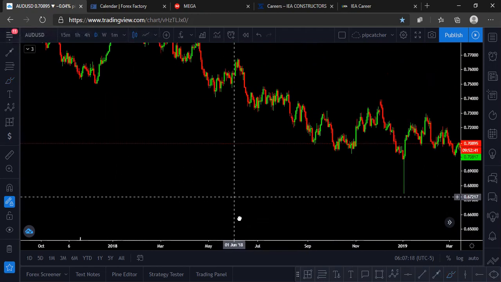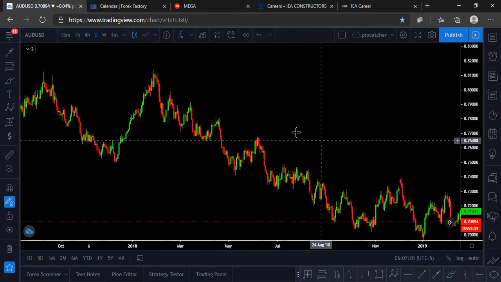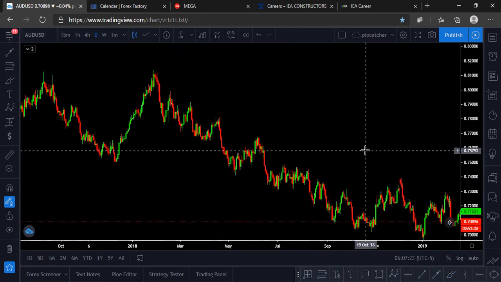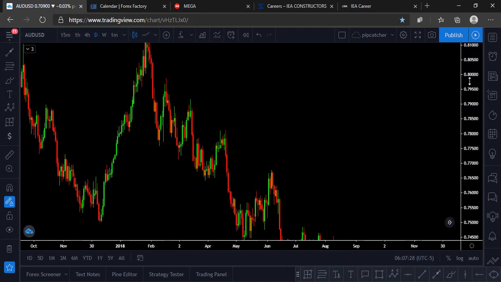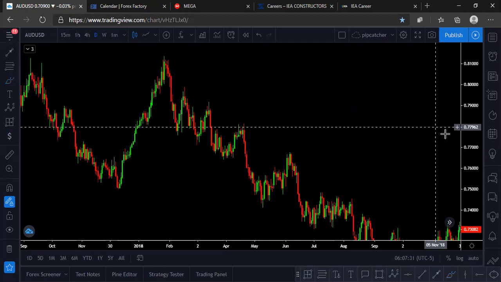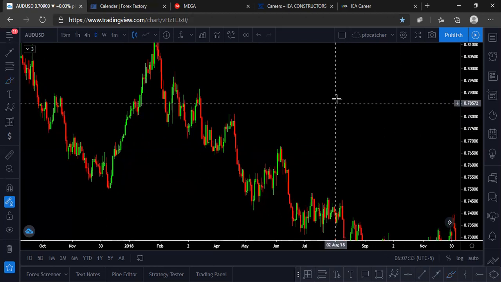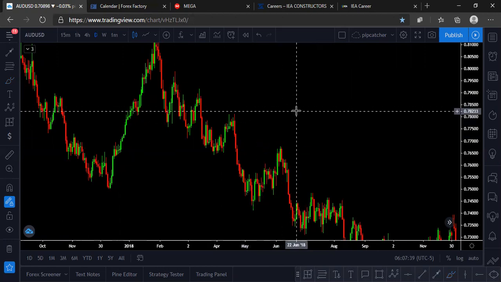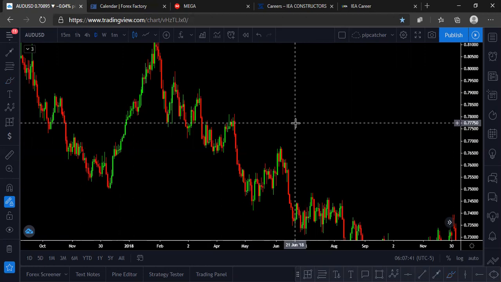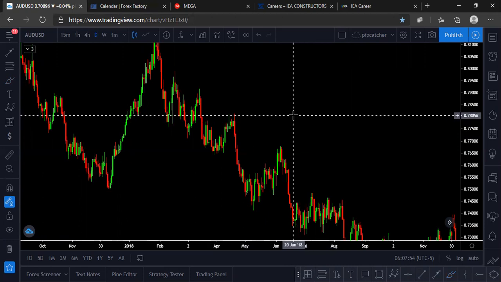So let's go look at this right here on this chart. Specifically, this is AUD USD, but like I said just a second ago, don't worry about the market. This happens on every market: forex pairs, stocks, treasuries, commodities, indices, exotics.